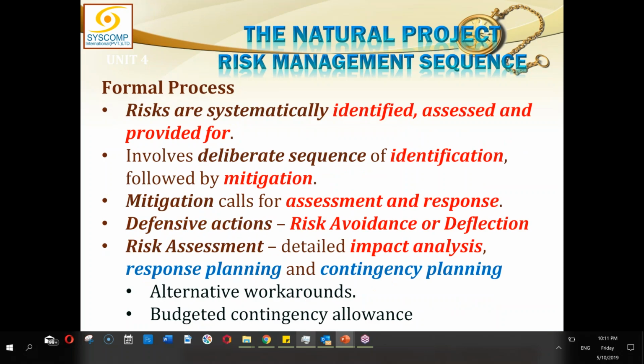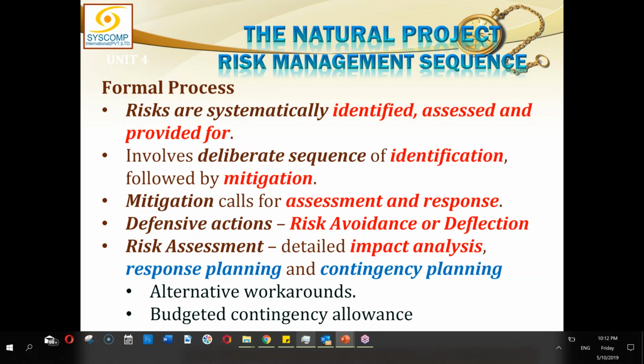The formal process is that risks are systematically identified. They should be very carefully identified. As I said, in a proper statement, they must be debated. They must be sought out from all possible sources. You must not limit it to only a small audience.